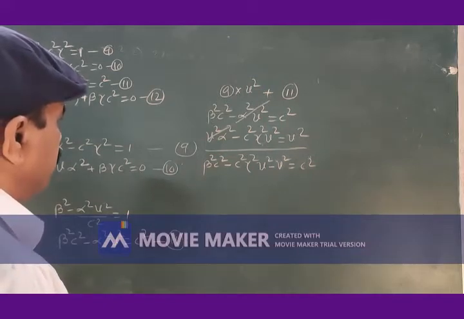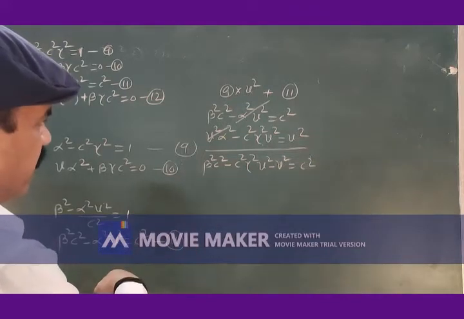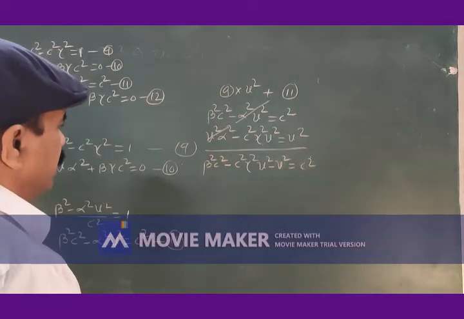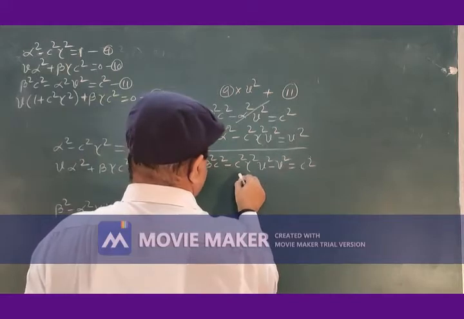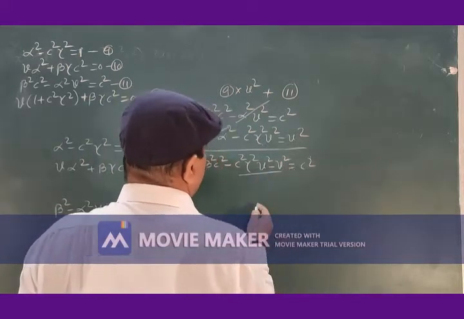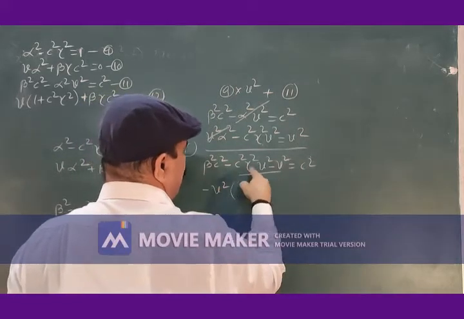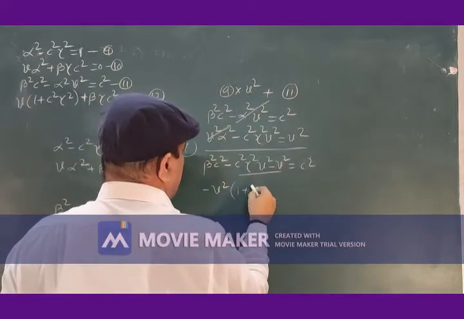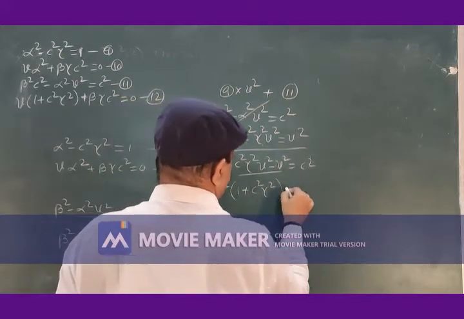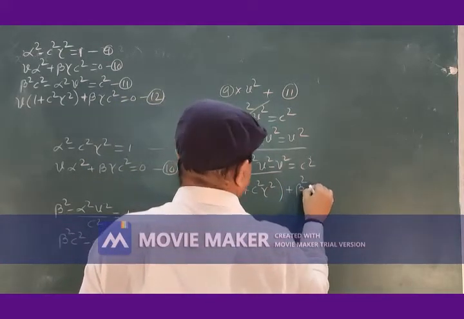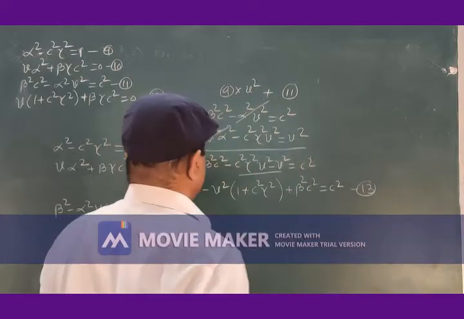Beta square c square minus c square, gamma square v square taken to this side, minus v square c square to that side, and then if we take v square common from these two terms, what is left here is 1 plus c square gamma square, and here is beta square c square equal to c square, equation 13.